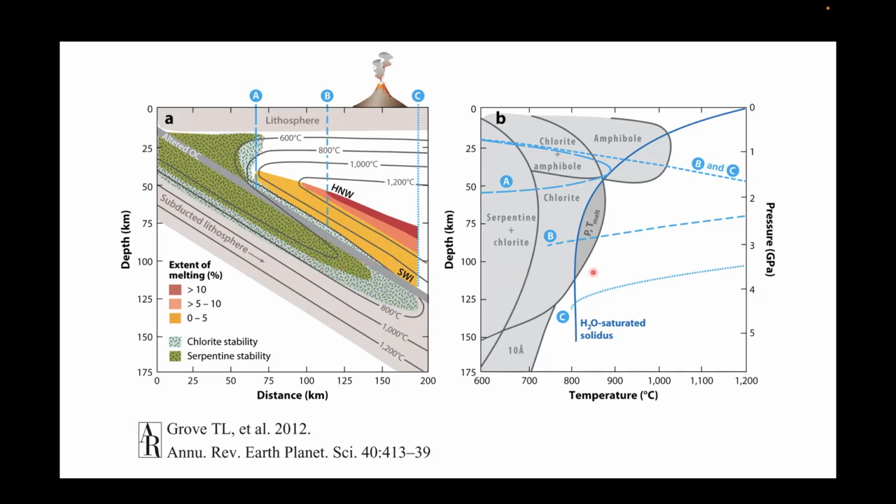To the right is the phase diagram. This boundary is the chlorite stability zone, and this curve is the melting solidus of the peridotite. So the intersecting point is where partial melting can occur in the mantle peridotite.